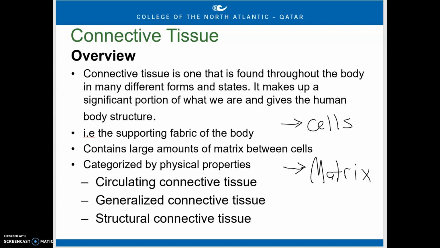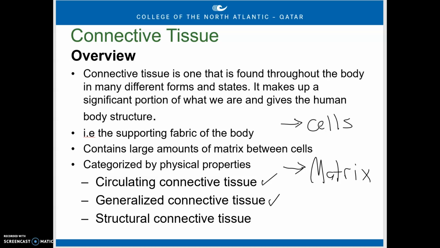Now, the physical properties of the matrix give rise to the different functions and the different types of connective tissues that we have. So we can have a really loose, really fluid, liquid matrix, and that's going to give us our circulating connective tissue. The matrix can be a little bit more dense, and that'll give us our generalized connective tissue.